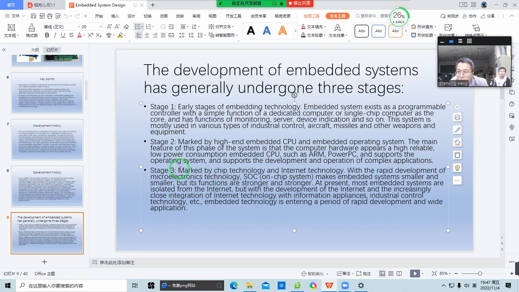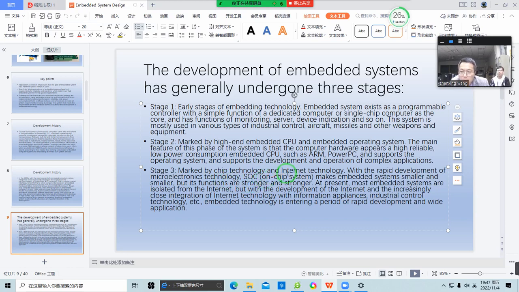Then stage 3 is marked by chip technology and internet technology. With the rapid development of microelectronic technology, the SoC market makes embedded systems smaller and smaller, but their functions stronger and stronger.